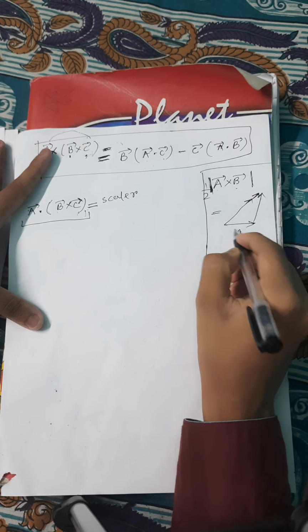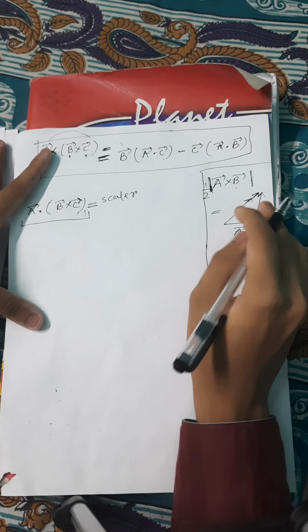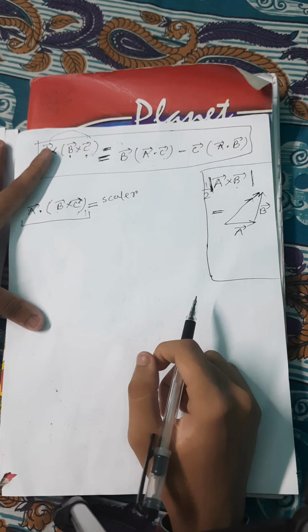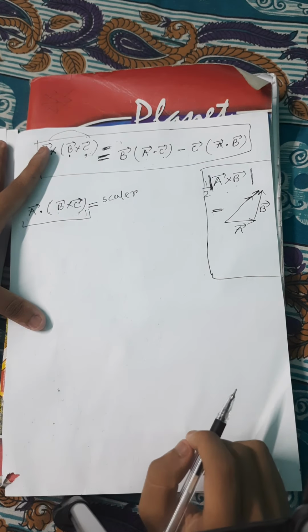If this is the A vector and this is the B vector, the area of this triangle will be that much. That is the geometrical interpretation.